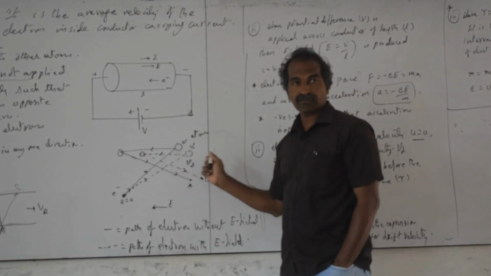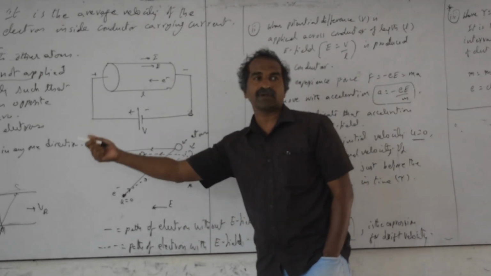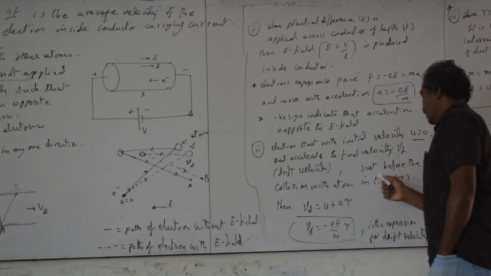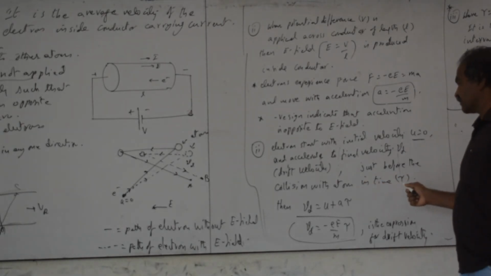So for every collision we count starting from 0 onwards. So just before the collision with an atom, in the time interval tau.